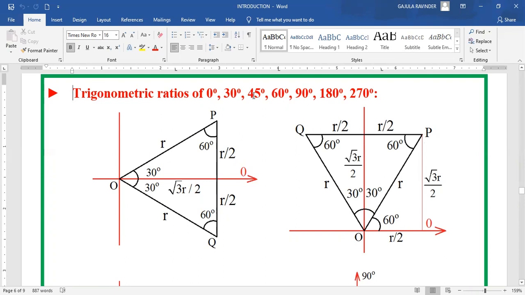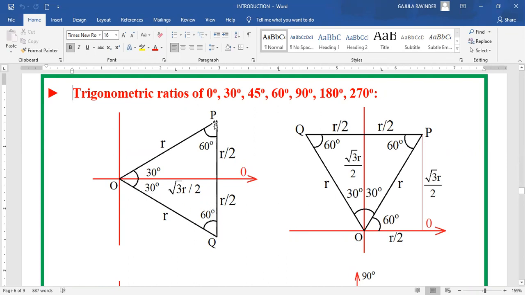Okay, friends, as we know, when theta is acute, it can be taken as one right angle triangle, and trigonometric ratios will be defined in terms of sides of that right angle triangle. Therefore, dear friends, I have taken one equilateral triangle like this, one vertex at the origin, and one side perpendicular to the x-axis.